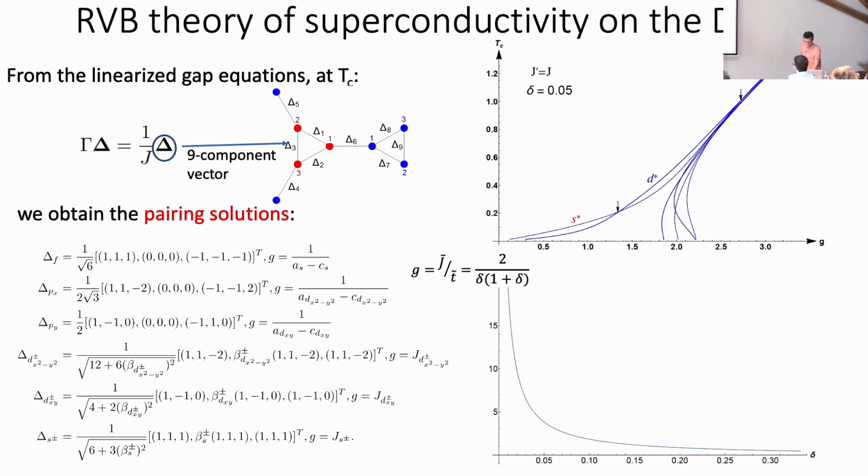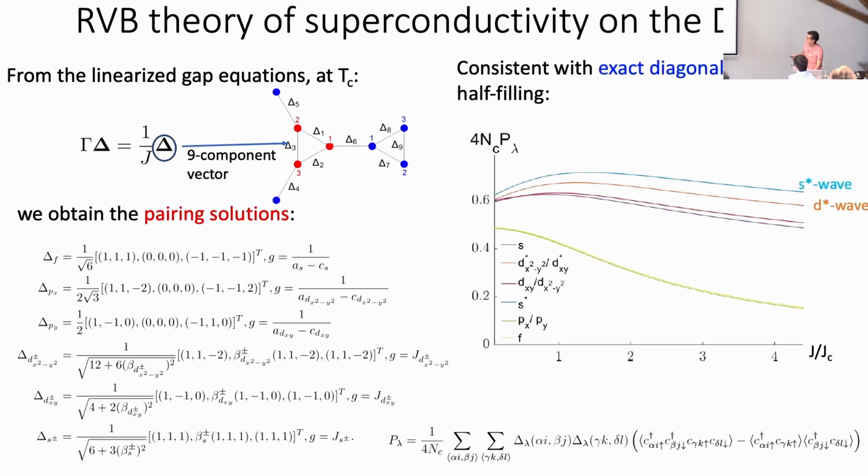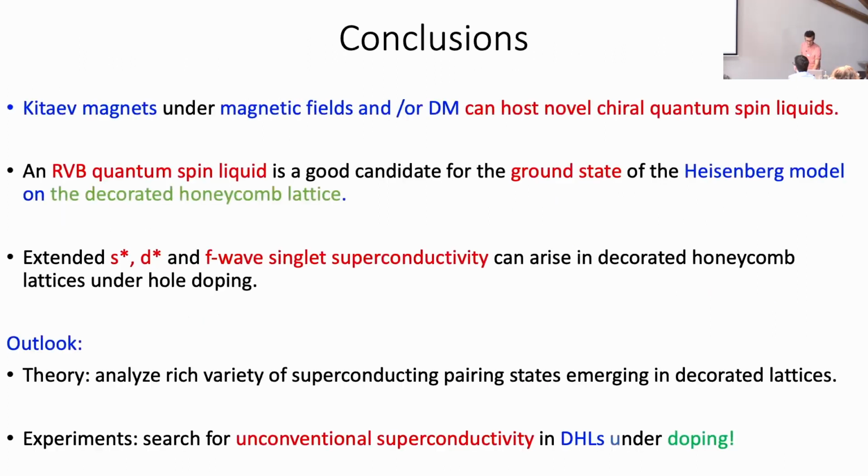So we can go from the S to the F as I showed in the phase diagram. And this is again consistent with some hexagonalization in the half-filled system. We find that the extended S at half filling is consistent with this RVB theory.